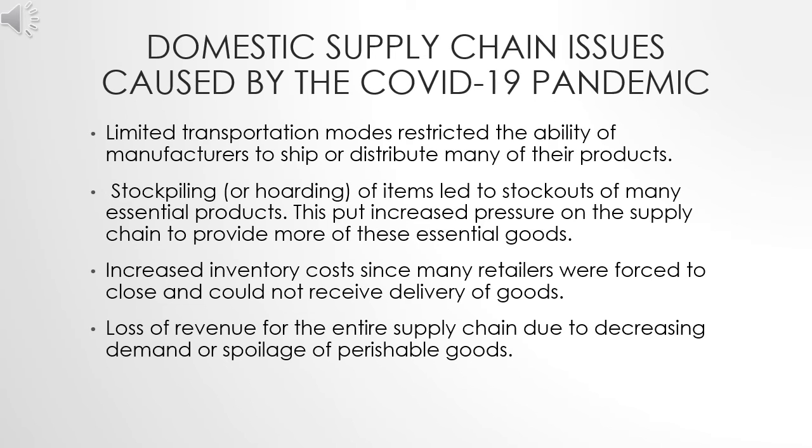This put increased pressure on the supply chain to provide more of these essential goods. Increased inventory costs since many retailers were forced to close and could not receive a delivery of goods. And finally, loss of revenue for the entire supply chain due to decreasing demand or spoilage of perishable goods.